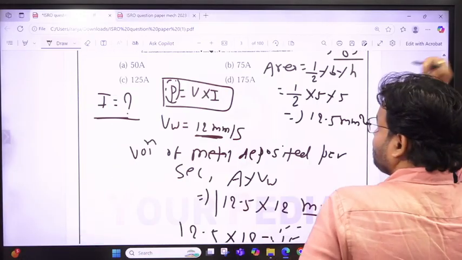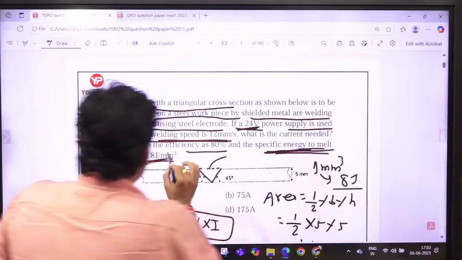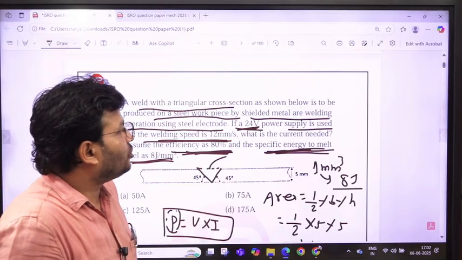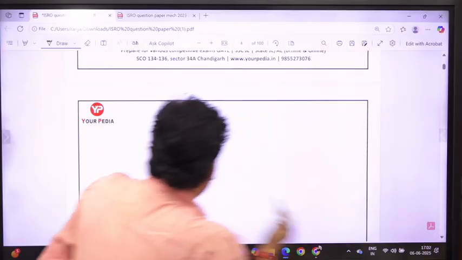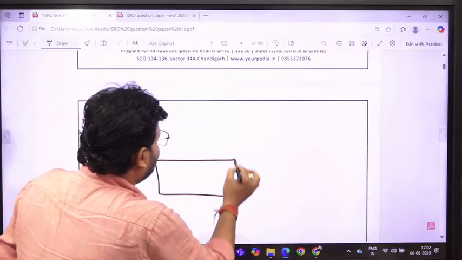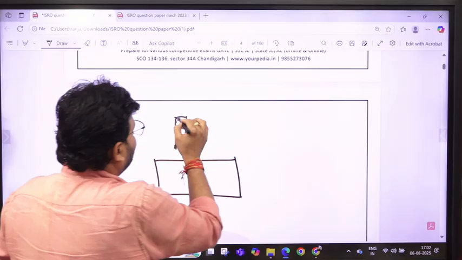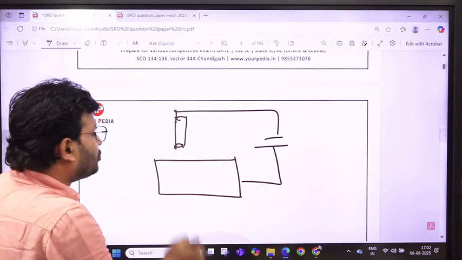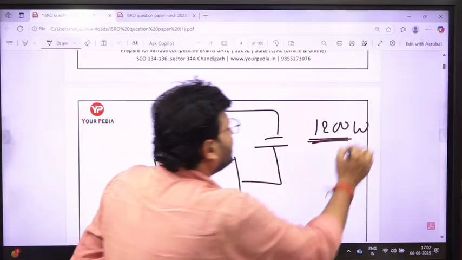Sir, in the question it is mentioned: assume the efficiency is 80%. Means, sir, if you talk about shielded metal arc welding, see, my dear friends, this is one of the objects, and that is your electrode, and your electrode is connected with some terminal like that. So actually the energy required is how much? 1200 watt of energy is required.